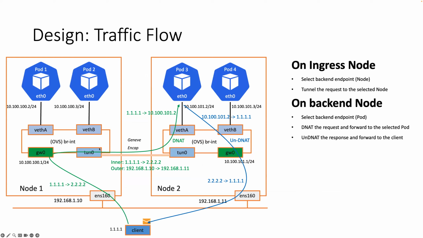This will cause different selections when we load balance the following packets, because we leverage conntrack to remember which backend node or port we choose for the connection. Now we cannot leverage that.